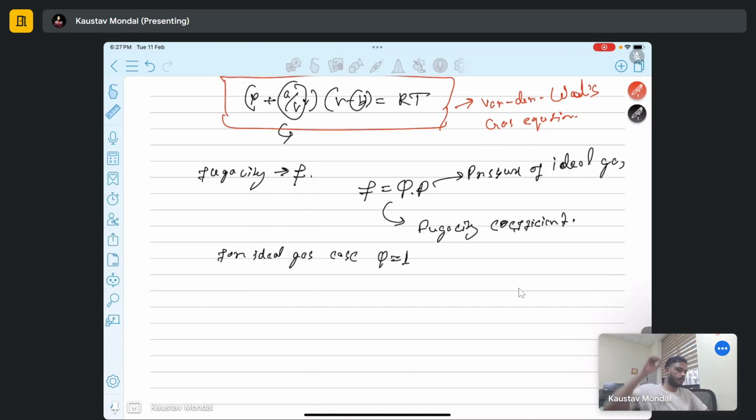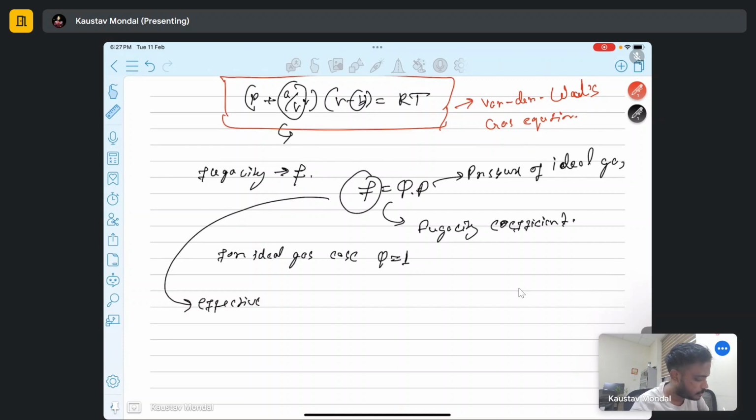So this is how fugacity is defined, and this is the effective pressure. Let me write: F is the effective pressure or the fugacity.